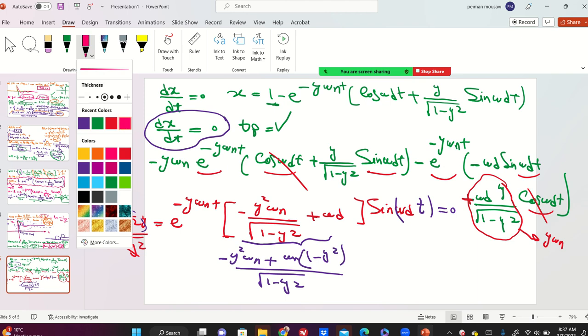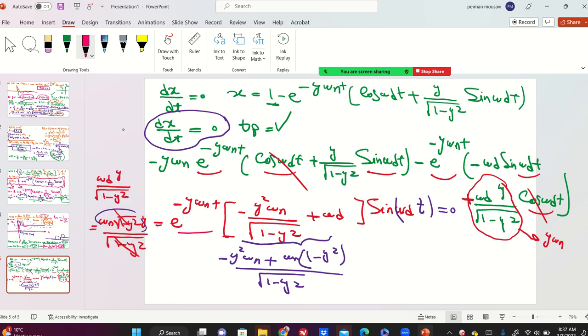This cannot be 0, obviously, because we have a time Tp at peak time. Right? So this is 0. So sine omega d t is 0 at peak time, Tp.